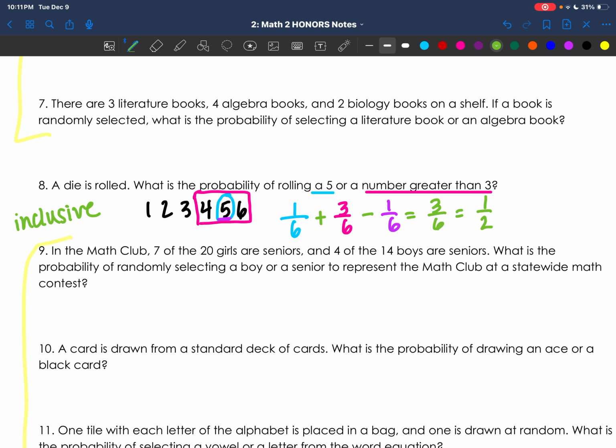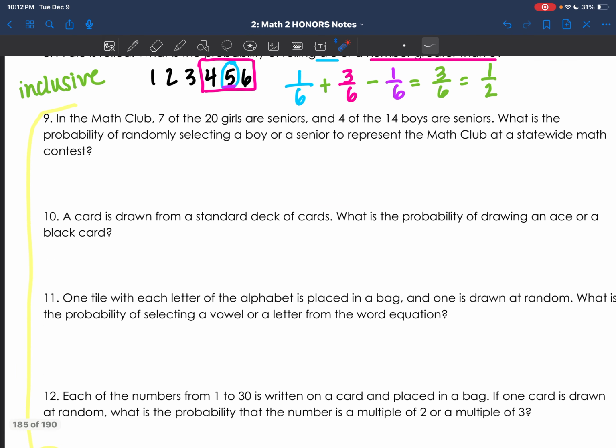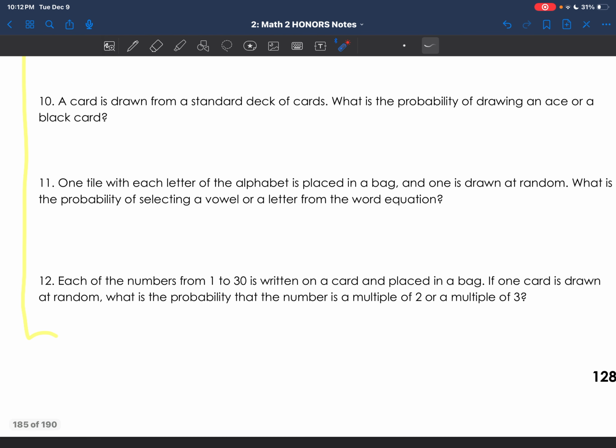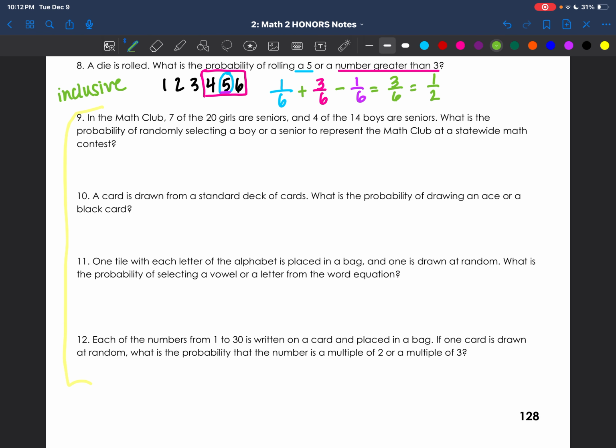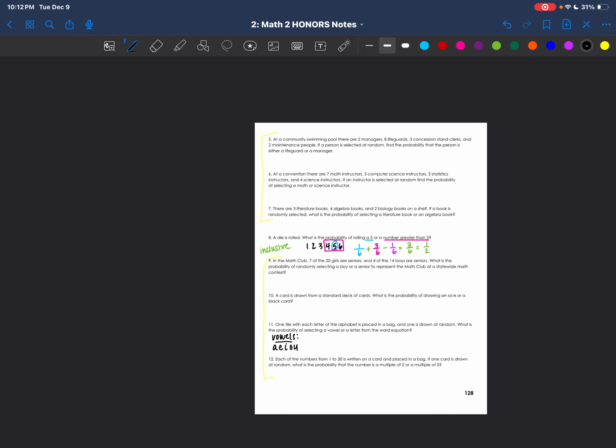All right, so when you're doing that, just be careful because you're going to be checking your information. So go ahead. You're going to write either exclusive or inclusive for all the others. And just be careful on this one. I know it's been a minute, but your vowels are A, E, I, O, U. All right, so just as a refresher, go ahead and complete these.